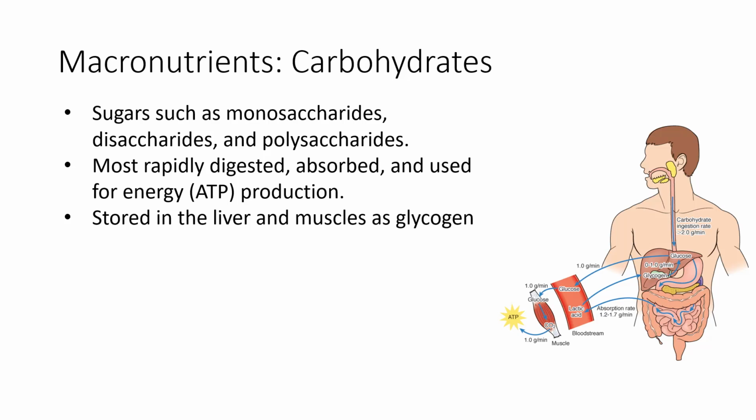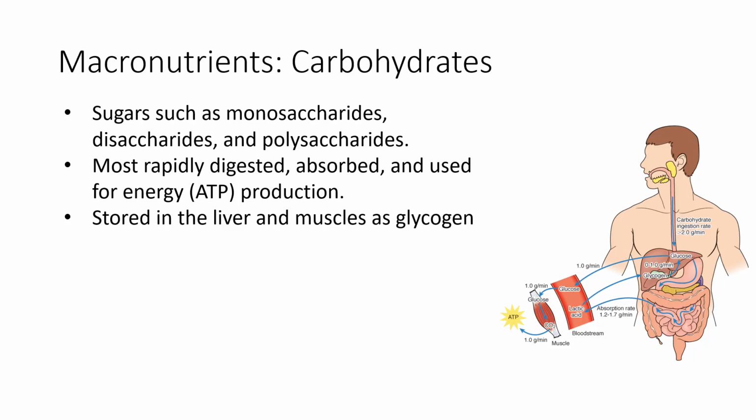Disaccharides have two sugar molecules that are bound together. An example of a disaccharide is lactose. Polysaccharides, poly means many, that's many individual subunits or building blocks that are linked together. An example of a polysaccharide in people would be glycogen, in plants would be starch.